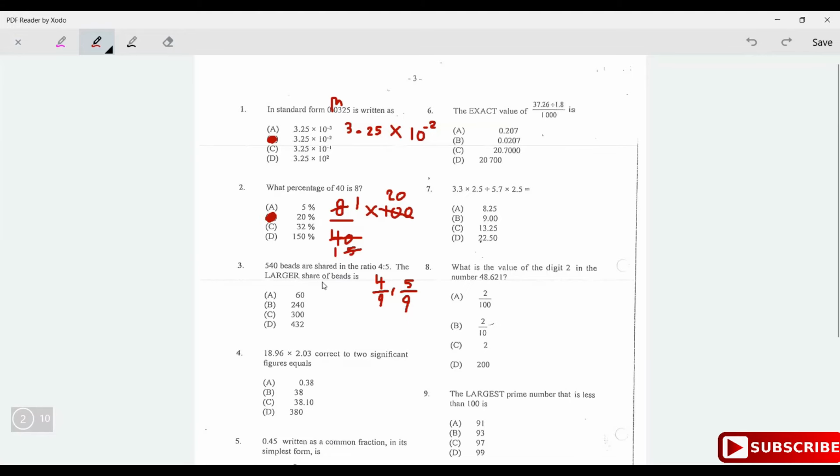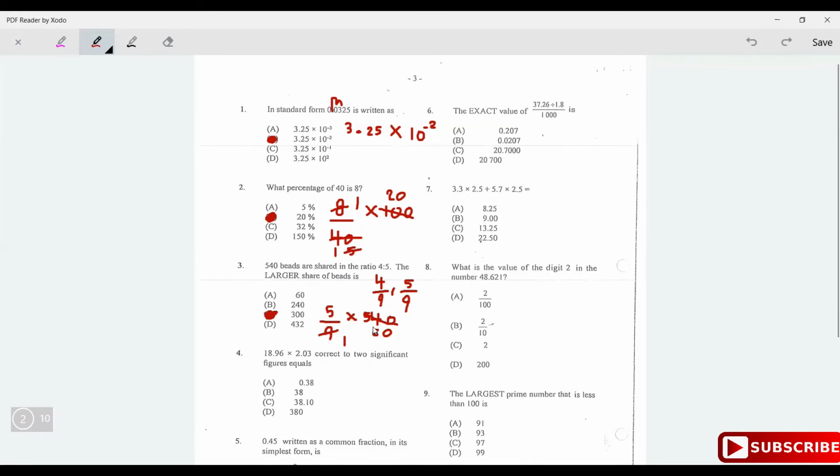So what is the larger share of the beads? The larger share of the beads is the 5 over 9 share. So you're going to work out 5 over 9 times 540. And so 9 into itself goes 1 time. 9 into 54 goes 6 times. And then 5 times 60 is 300. So that is option C.